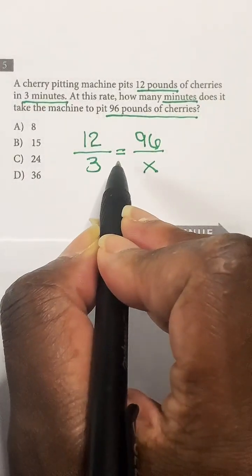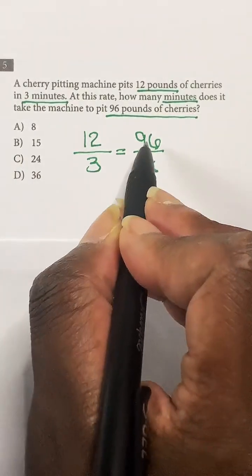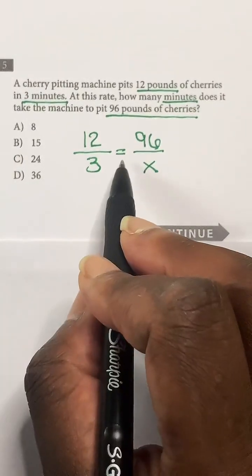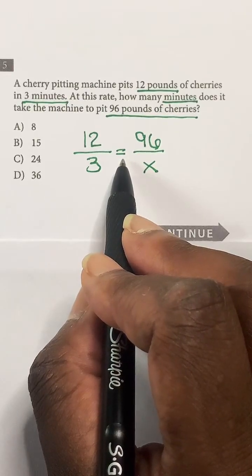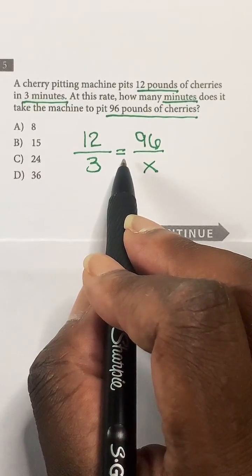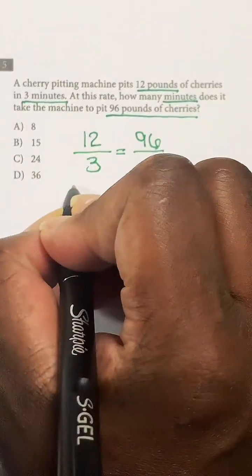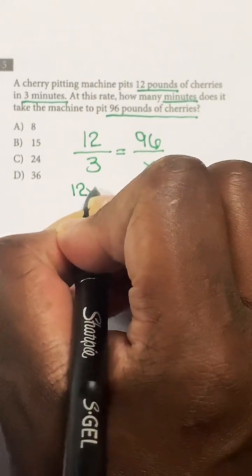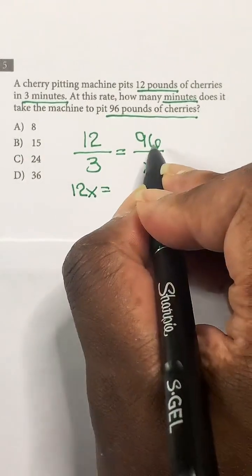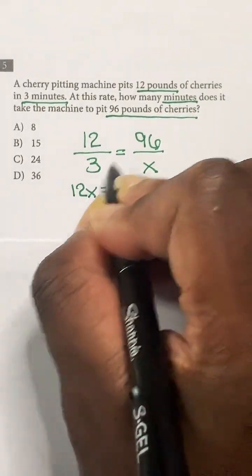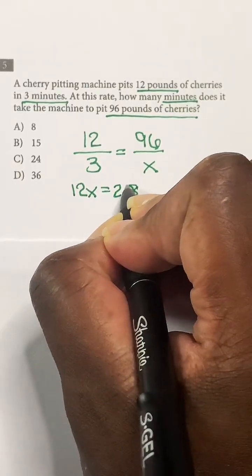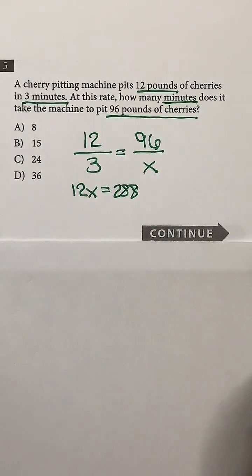When there's an equal sign, that's when you cross multiply. When there is a multiplication sign, that's when you cross simplify. Definitely there is a difference. So if I cross multiply, I got my 12x. Then 96 times 3, this is my 18, carry to 27, so that'll be 288.